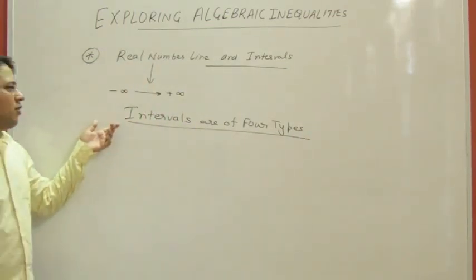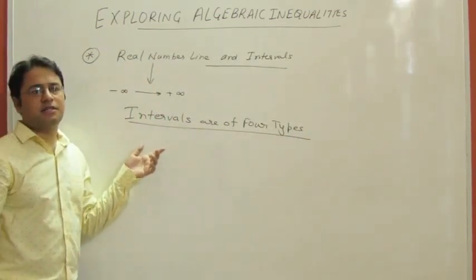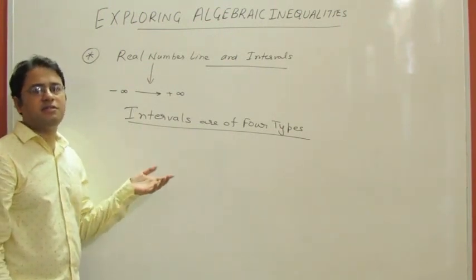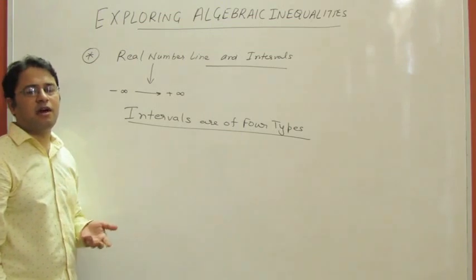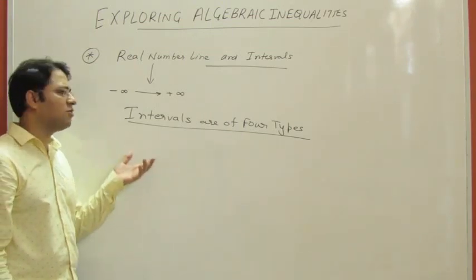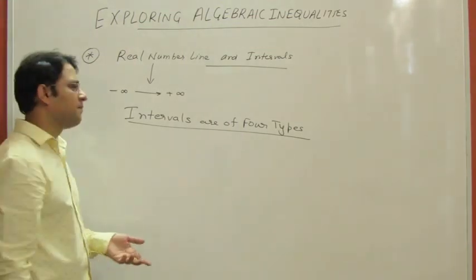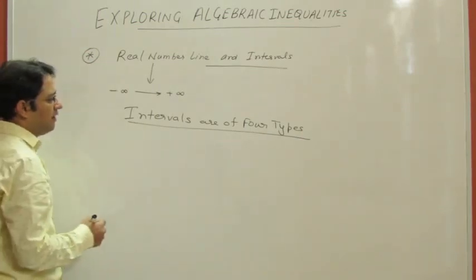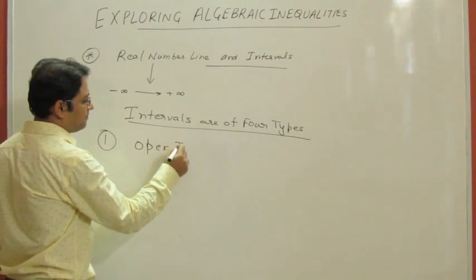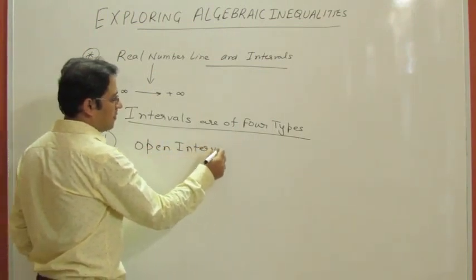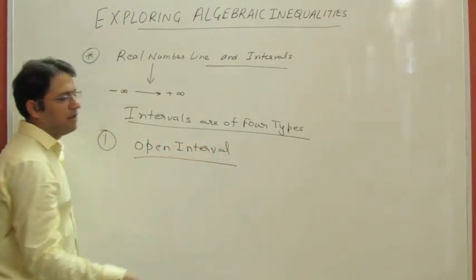For those who have already studied the chapter of sets and know about intervals, it's just a reminder, we are going to revise it again over here. And for those who haven't studied it yet, it is going to be a very important topic for you. So the four types of intervals are, number one, called open interval. Now what is an open interval?